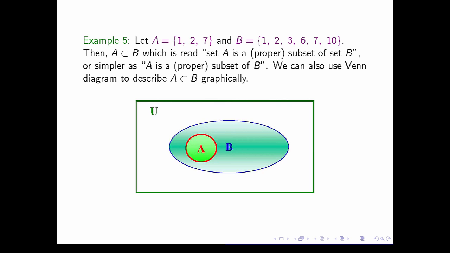If we have set A containing three elements, 1, 2, 7, and B with 1, 2, 3, 6, 7, and 10, then it is clear that A is a subset of B, and more precisely it is a proper subset of B, because clearly every element of A is an element of B. However, A is not equal to B, so it is a proper subset of B. And when we use the Venn diagram, we will draw the figure of A inside the figure of B.